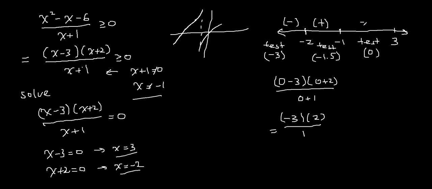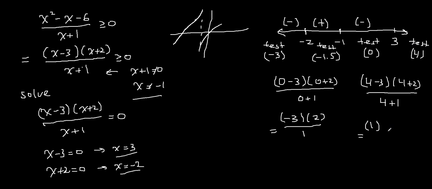And after 3, let's test 4. So 4 minus 3, which is 1, times 4 plus 2, which is 6, all over 4 plus 1, which is 5. This is positive: a positive times a positive over a positive.